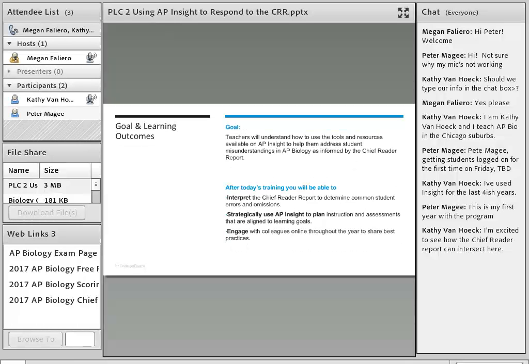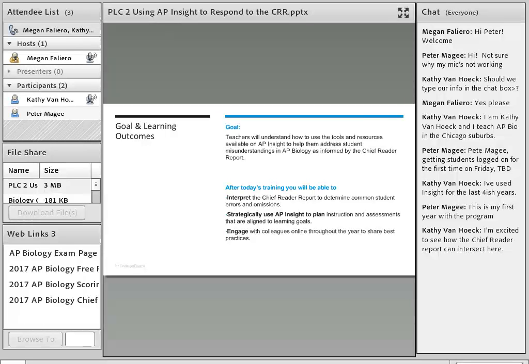Our goal is to look at the tools and resources that AP Insight provides, and how we can use the information that Nancy Morvello gives us back from the Chief Reader Report. After looking at what the kids did last year, how can we use AP Insight to make adjustments in what we do this year?